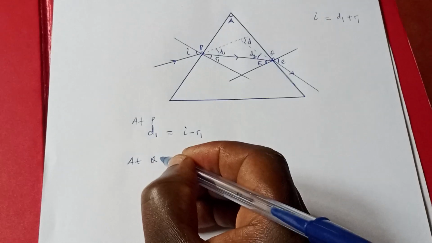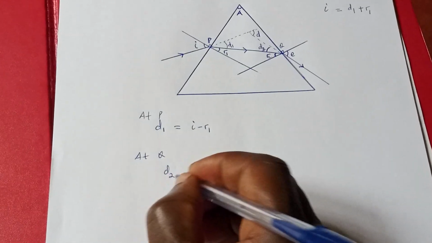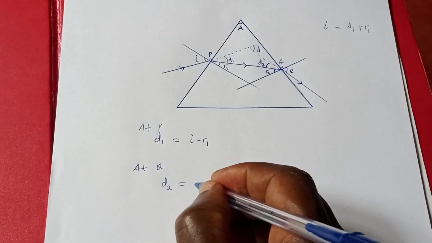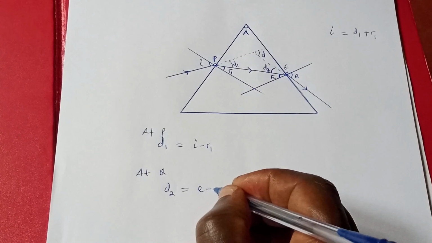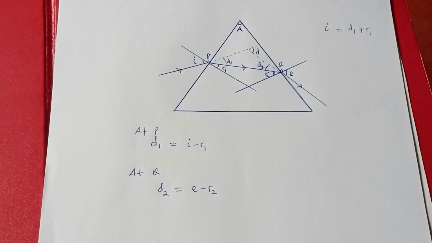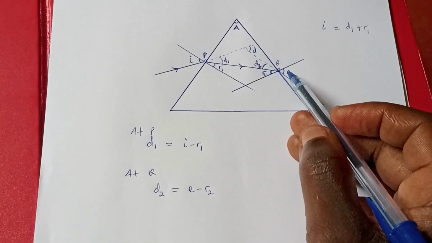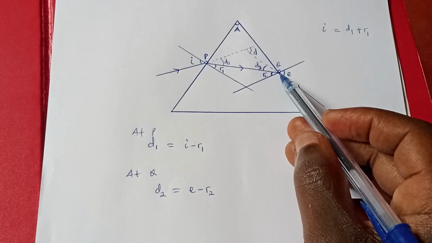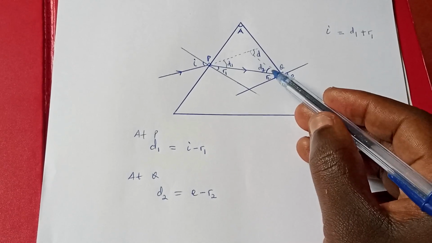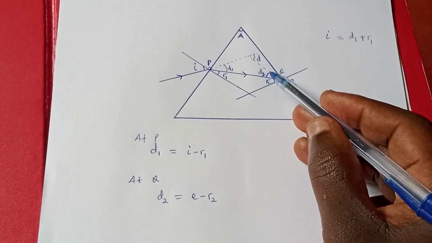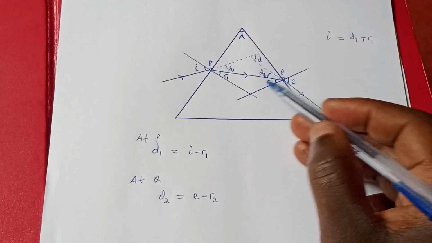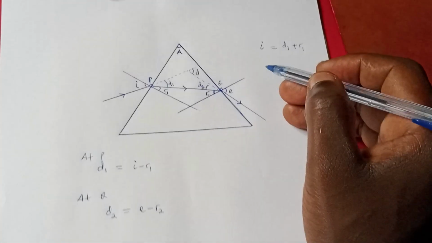At point Q, deviation 2 will be equal to E minus R2. Why are we saying that deviation 2 is equal to E minus R2? At point Q, like we saw at point P, the whole of this angle E equals, when you add D2 to R2, D2 added to R2 is equal to the angle E. These two angles still are corresponding angles.